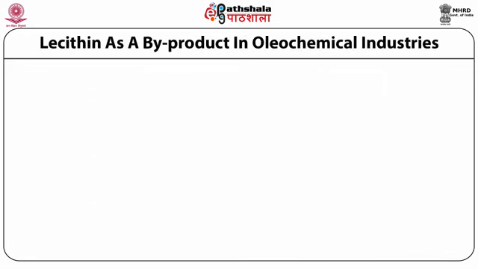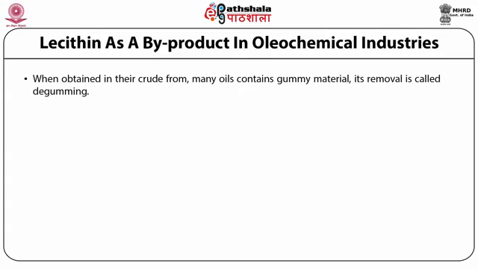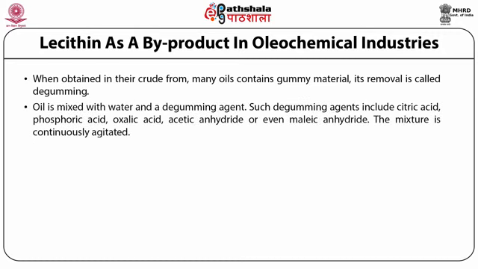Edible oils need to be refined before being sold as a premium product. When obtained in their crude form, many oils contain gummy material, and it is their removal which is called degumming. In the classical industrial practice, oil is mixed with water and a degumming agent.